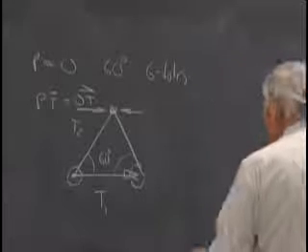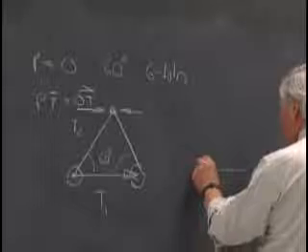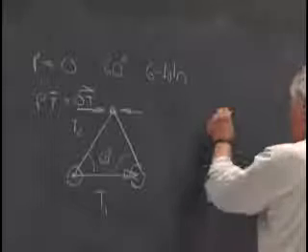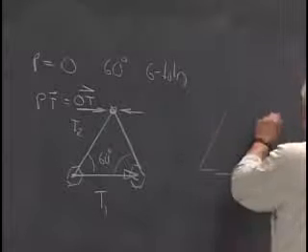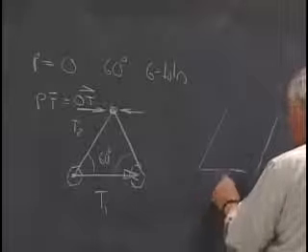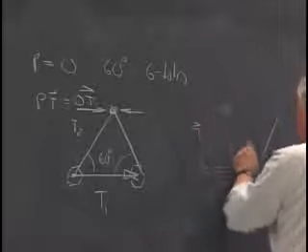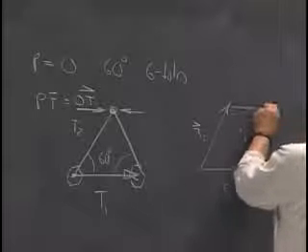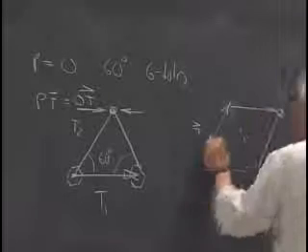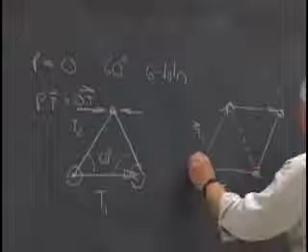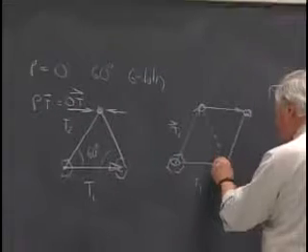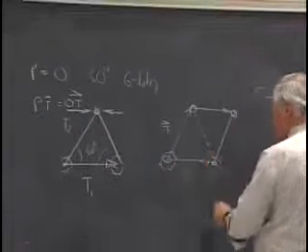Now, if I complete a standard unit cell with T1 and T2, as I've done in other cases, this was T1, this was T2. This was a translation which I'm not going to use. So this is the shape of the lattice. These now are lattice points with a sixfold axis on them.